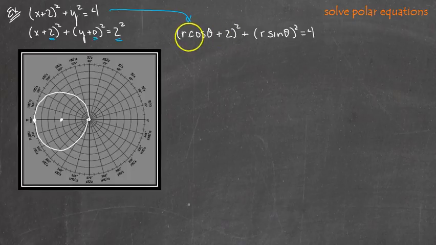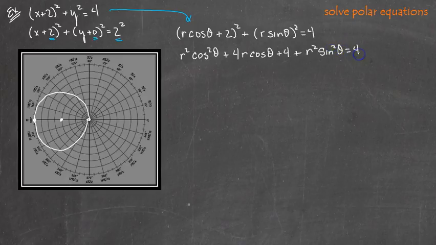First, I'm going to square this first binomial, and I get r² cos² theta, plus 2 times 2 is 4r cos theta, plus 2 squared is 4, plus r² sine² theta equals 4.